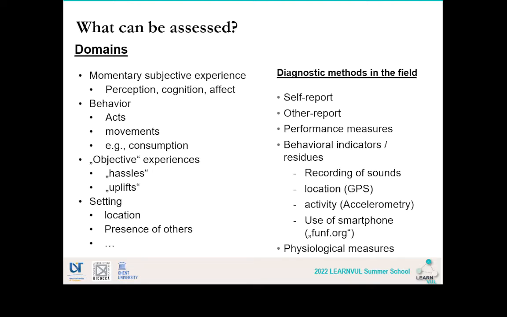You can also measure performance. We'll see, for example, the step counter that is very common now. That could be considered a longitudinal or intensive assessment if you are measuring how many steps you're taking every day for a month, for example. And then you can have behavioral indicators.